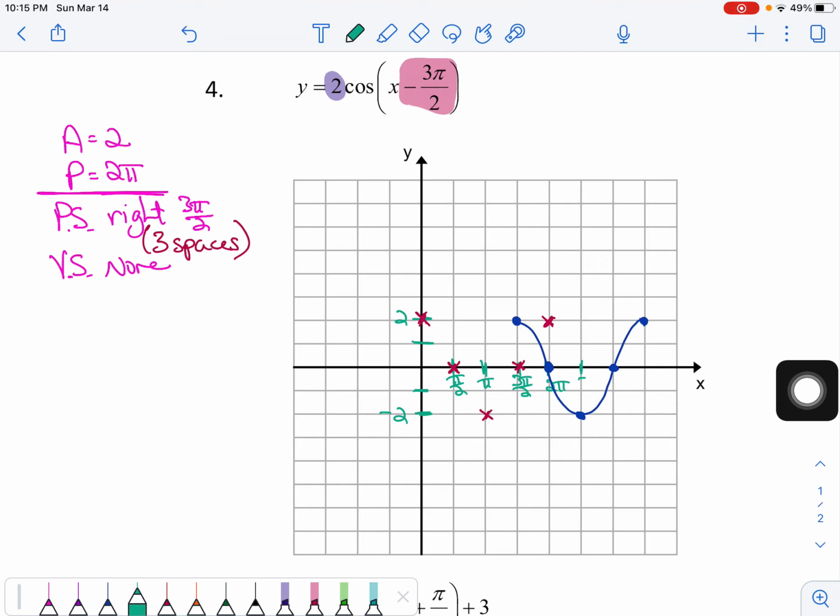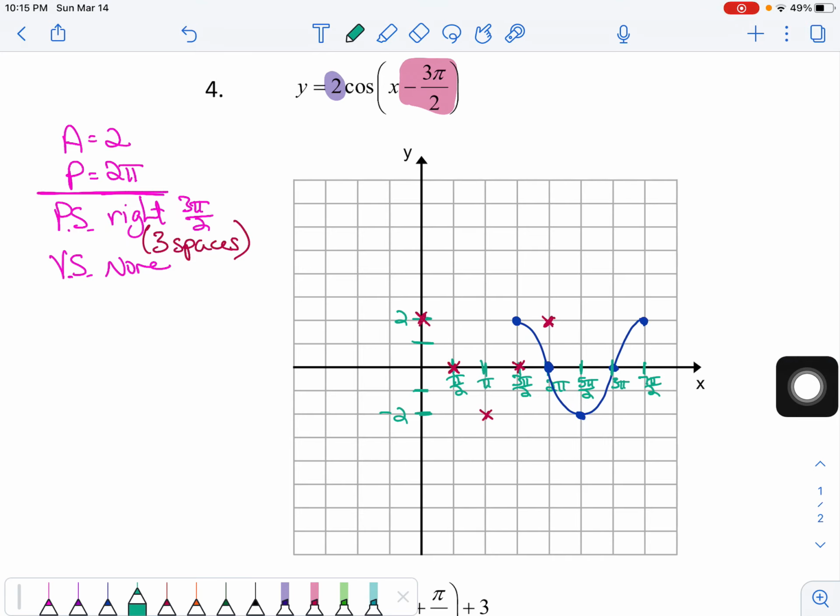So this would be 5 pi over 2. 6 pi over 2 is really just 3 pi, and then this would be 7 pi over 2. You could absolutely just add 1/2 each time and use a calculator if you need to, or I just counted it out, starting with pi over 2. 2 over 2 would simplify to 1, and I just kept going up from there.